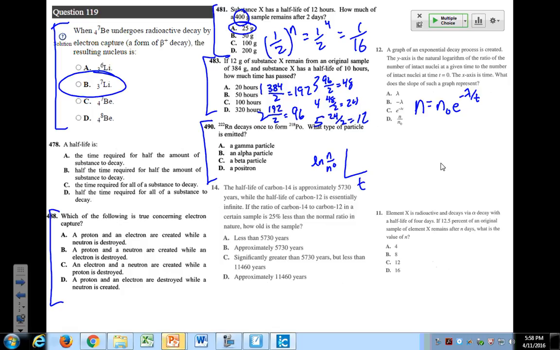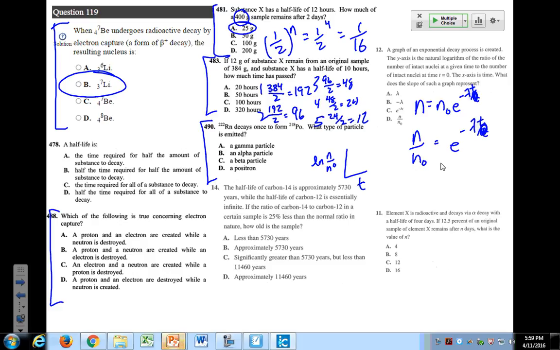So I want to put this in the form y equals mx plus b, and then the coefficient of x will be our slope. So I have N over N naught equals e to the minus lambda t, times t. Sorry, not over t, this should be times t.